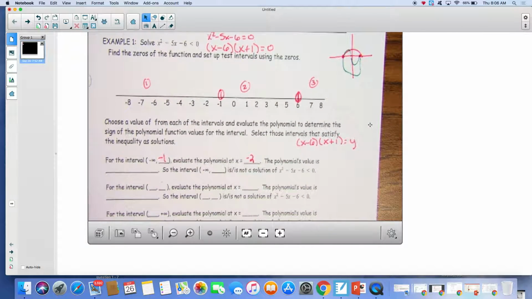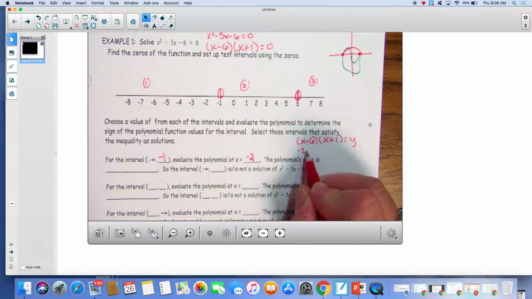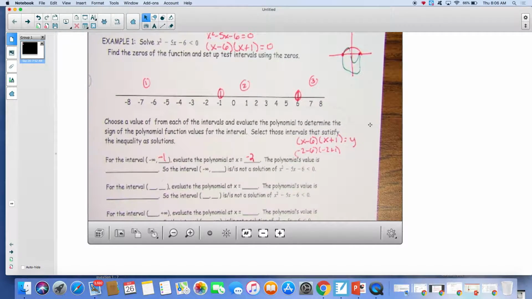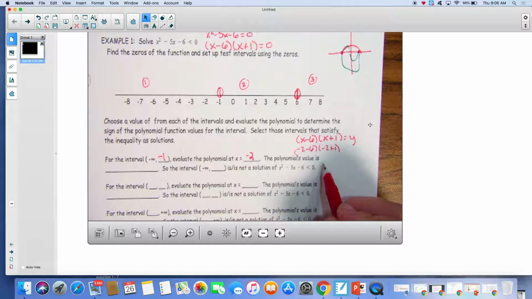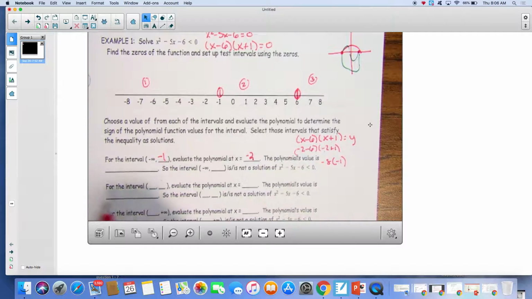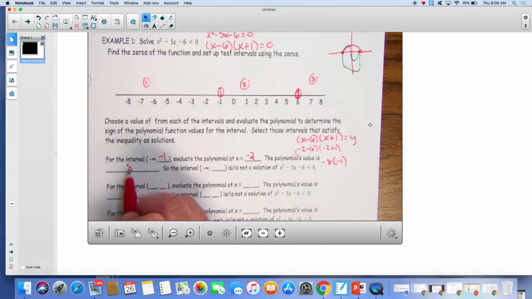When I plug it in, I'm going to use the factored form: negative 2 minus 6 times negative 2 plus 1. Negative 2 minus 6 is negative 8, times negative 1. So the value is 8.